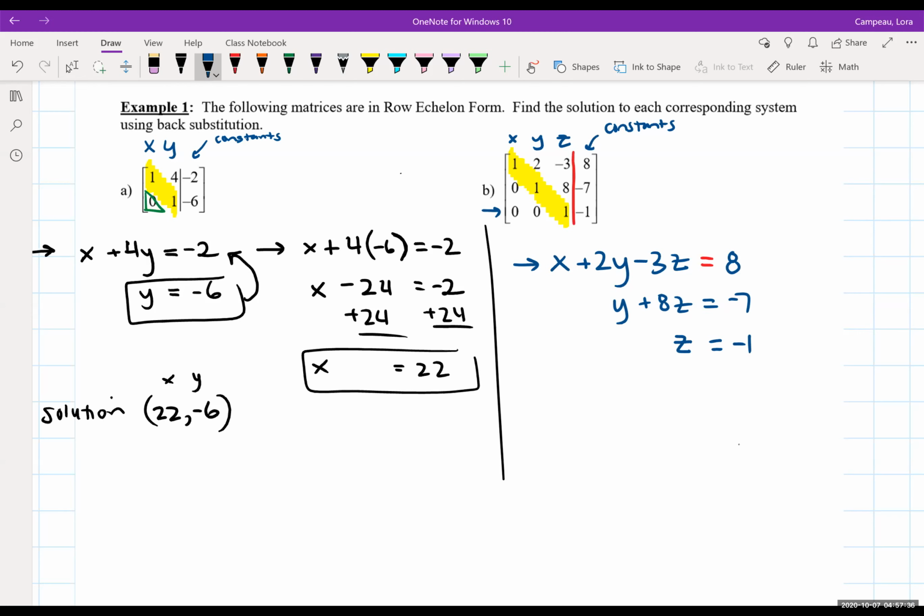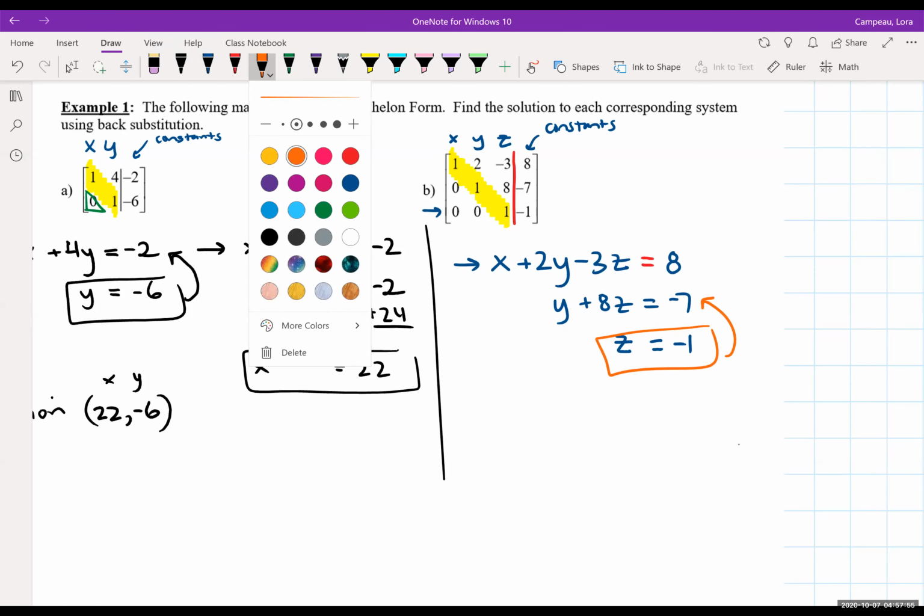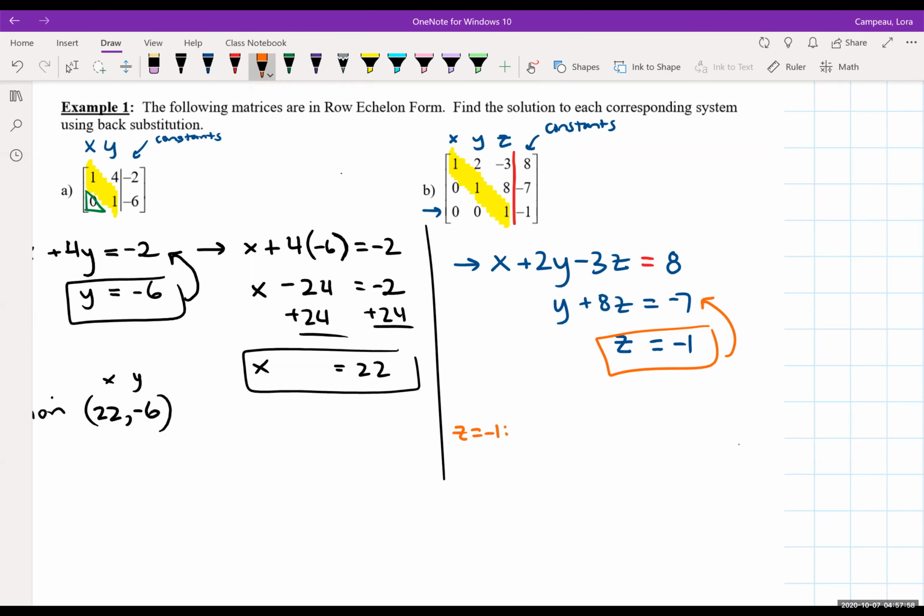So right away from the row echelon form, we see that we have the value of one of the variables. In this case, it's z. And what we'll do for ourselves is use back substitution to find the value of the previous variable. So I'll take a little bit more room vertically. I'm looking at plugging in z equals -1 to the equation y plus 8z equals -7.